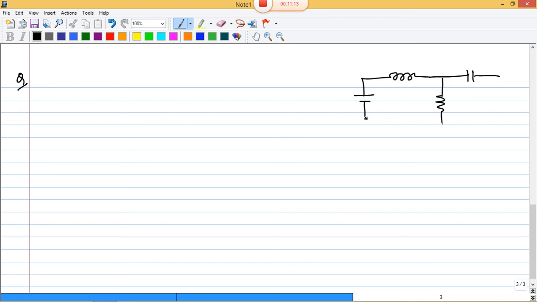The resistor is parallel to this section here, and now one switch is here and another resistor is connected at the load end. Is that clear?